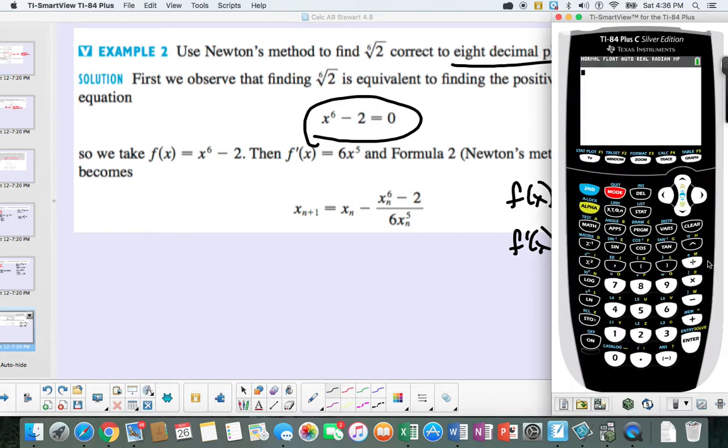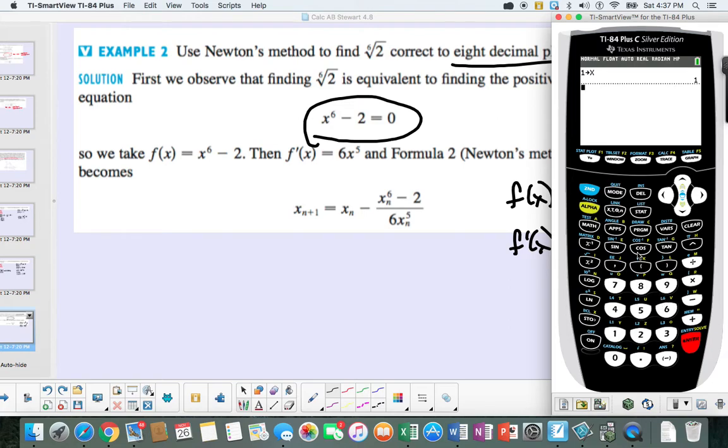So here is the calculator, and in y equals, I put my function and I put my derivative. And so now I'm going to go ahead and figure out the value. Now I want to make a guess, and I'm going to guess that 1 is the answer. So I'm going to say 1 is stored into x, and then I'm going to press enter. So that's going to be my first guess.